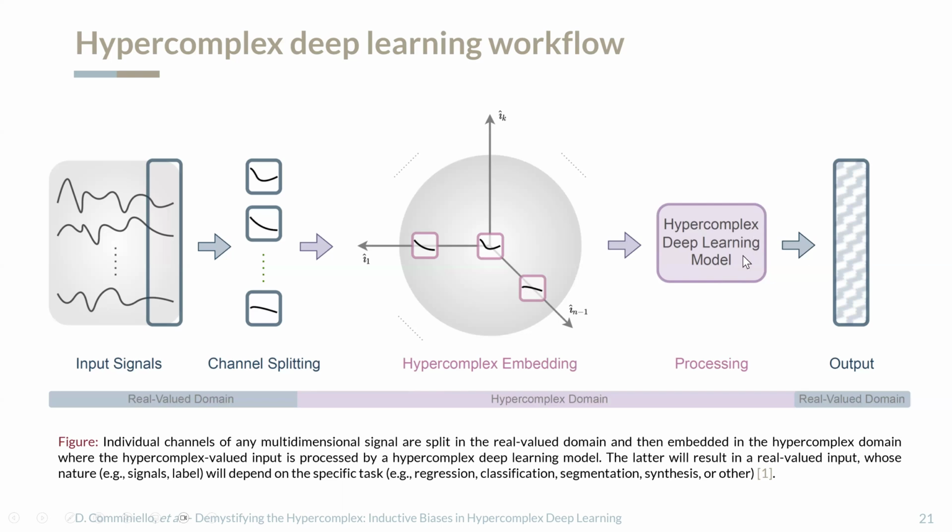The interesting part is that the output is again something in the real-valued domain. So we don't need to do a lot of different things at the input and output, but it is sufficient to work on the models to make some kind of good improvement of our process.